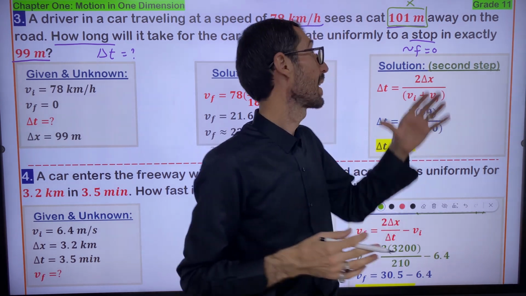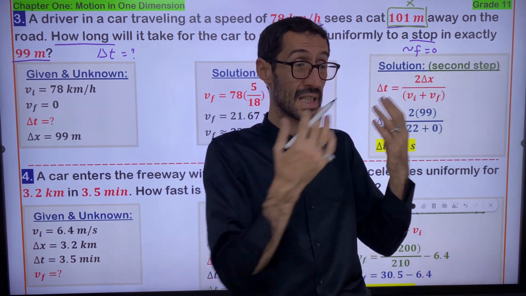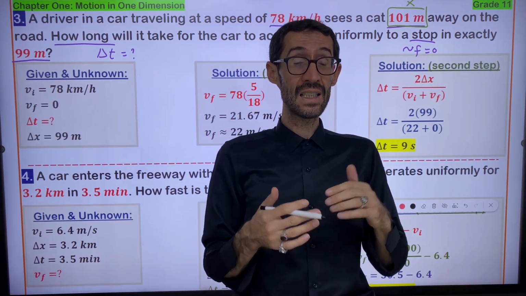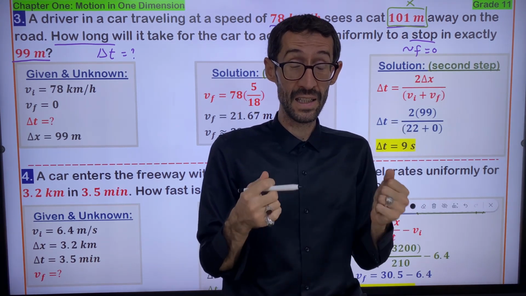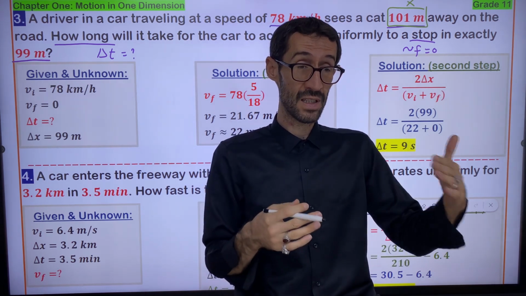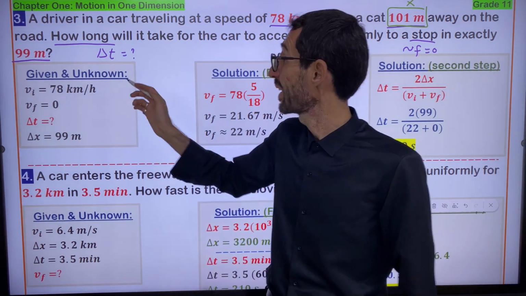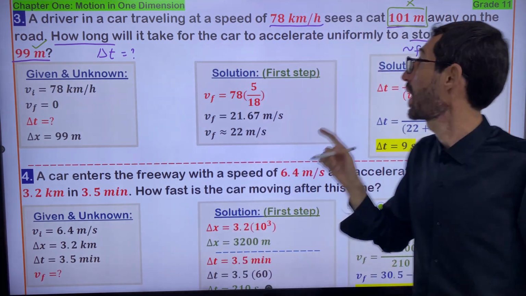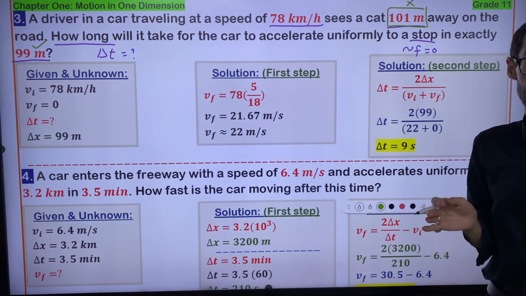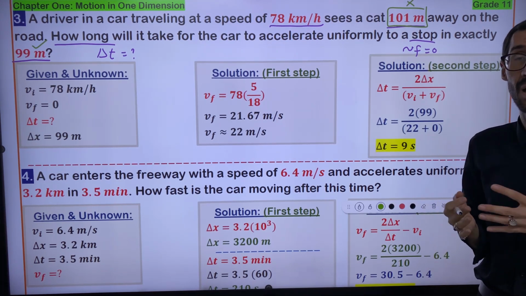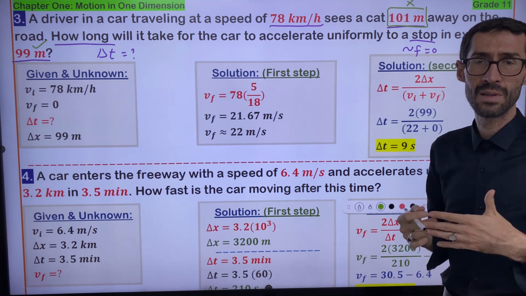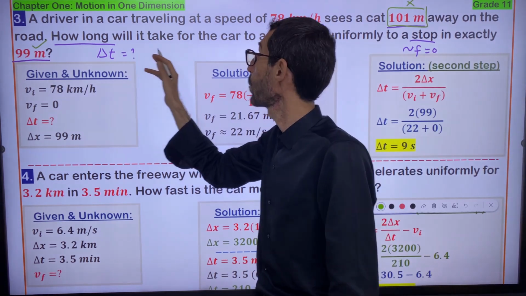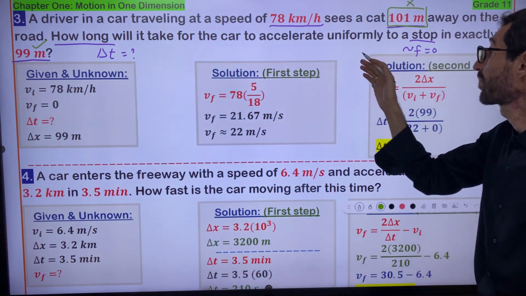We don't concentrate on the seeing action. The driver just sees the cat from afar, but it says the driver stops physically. Physically, the driver stops at exactly 99 meters. That's why 99 meters is the real displacement. 101 meters is not considered displacement because the driver just sees the cat from afar, right? How long will it take for the car to accelerate uniformly?